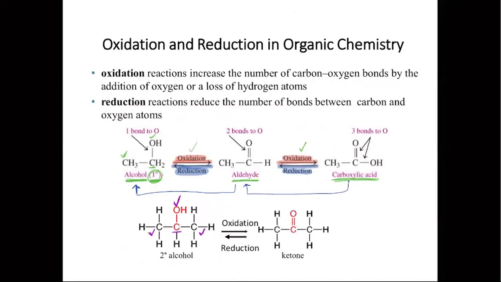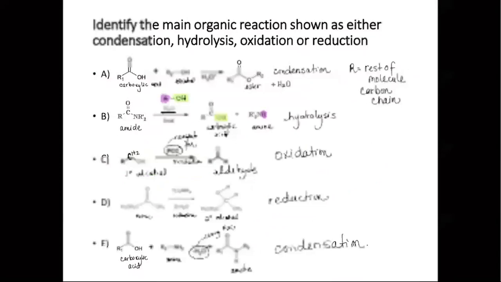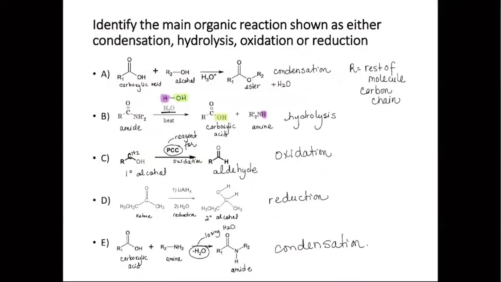Okay, and it's just that relationship of primary alcohols to aldehydes, aldehydes to carboxylic acids, and vice versa, or secondary alcohols to ketones. So it is important that you guys know how to identify the functional groups in order to do this classification. Any questions when it comes to classification of condensation, hydrolysis, oxidation, or reduction?